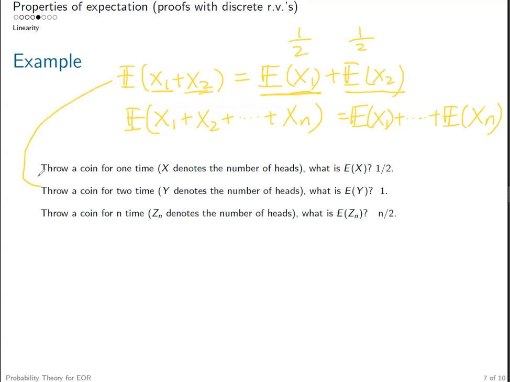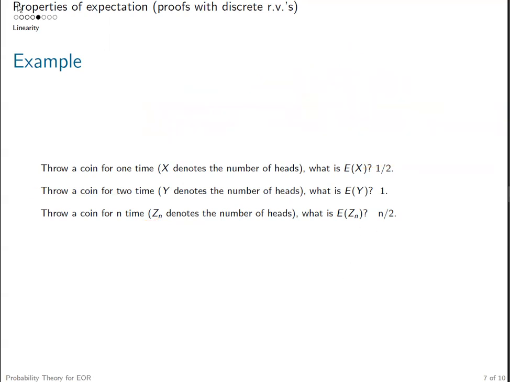So in the second case, we have 2 times half. And in the third case, when we throw n times, that's going to be the summation of n halves. So that's going to be n times half, right? This is a simple example to illustrate the linearity property of expectation.